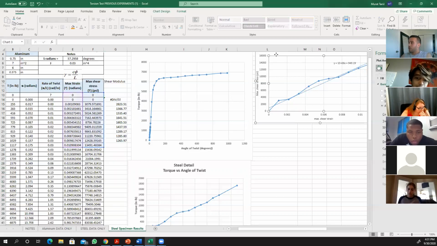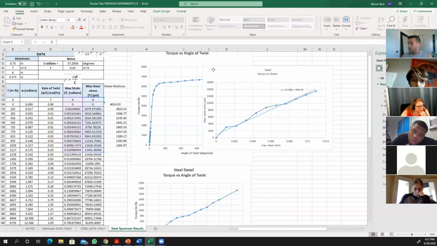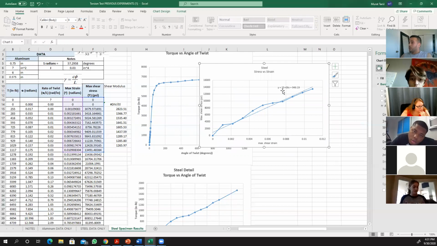Once you get your linear graph right here, it's not perfectly linear, but it is linear compared to this. That's the one that I use. So there is no rule of thumb like the 0.2% offset method that we use on the tensile.